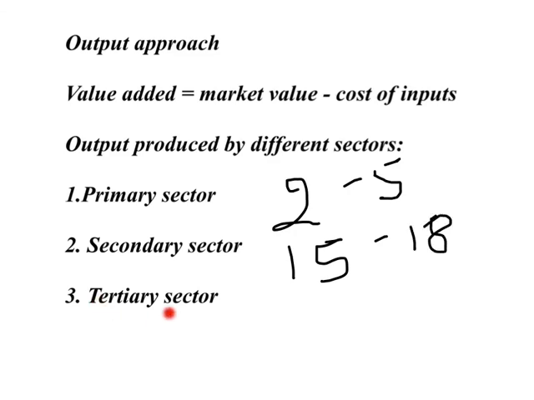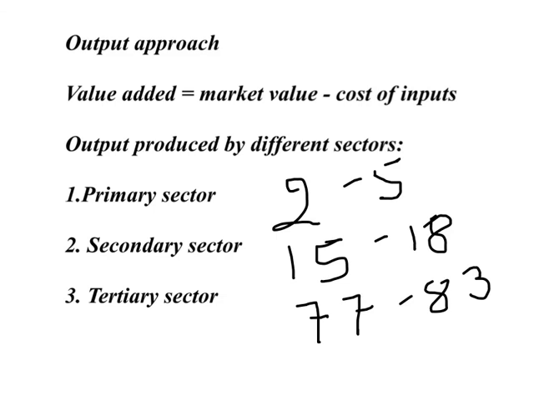The third sector is the tertiary sector, and this contributes about 77 to 83% of GDP. Note, for the tertiary sector, this is a sector which includes things like banking, consulting, telecommunications, insurance, finance, and so on. And for this we require educated workforce.